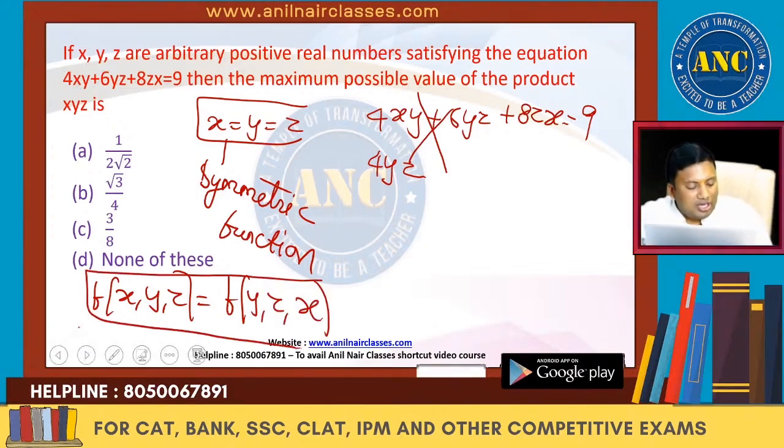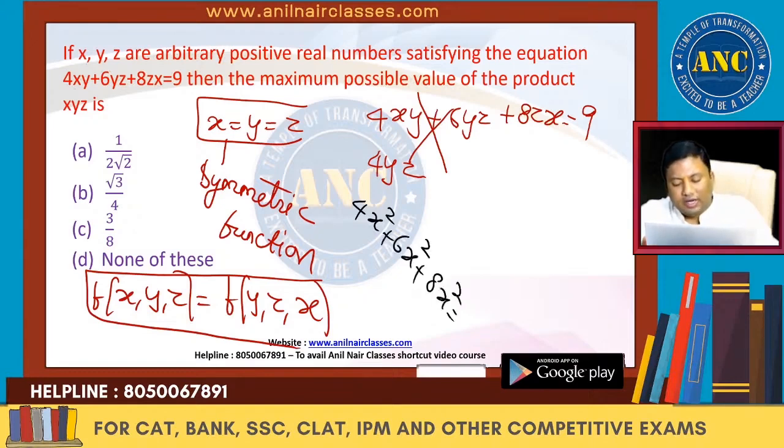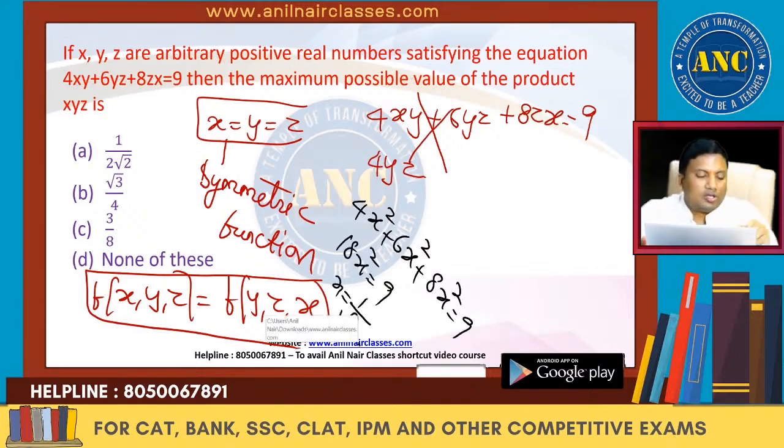If you change x with y, y with z, here I am getting 4yz, but in the question it is given as 6yz. So what they will do is take 4x square, 6x square, 8x square equivalent to 9, 18x square equivalent to 9, x is 1 by root 2. So they will tick mark the answer 1 by 2 root 2.